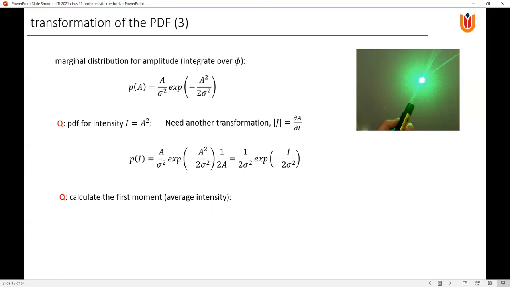Knowing this, I guarantee you that this expression is normalized. Now calculate the first moment. But we need to do it together.